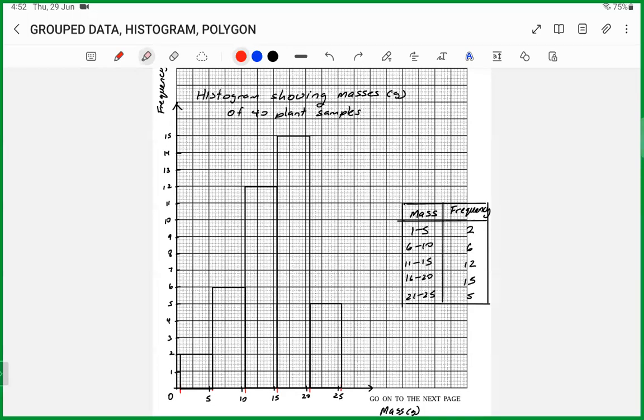If you would like me to check your axes, just send me a picture on WhatsApp. Right, so again, everybody should be doing the 2 axes. That's what we're doing now.